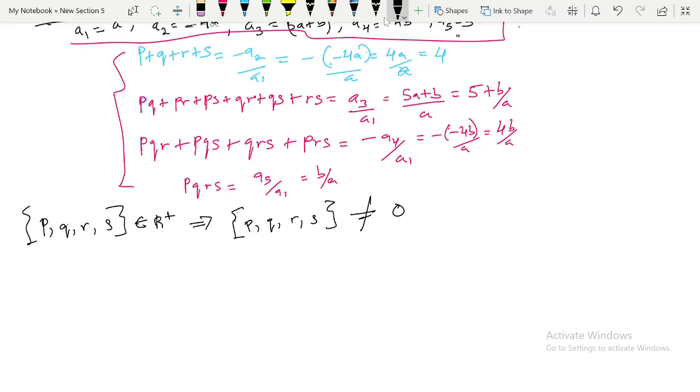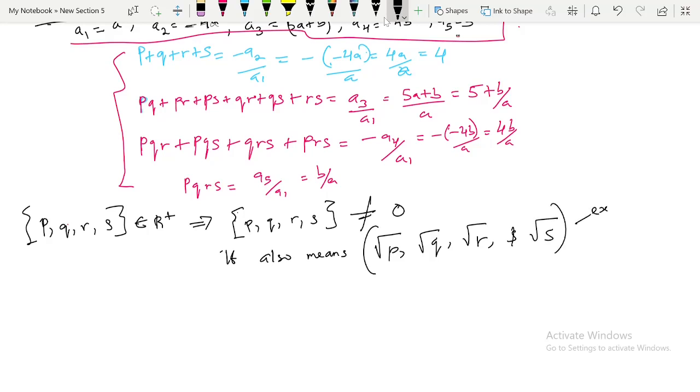And it also means that roots P, roots Q, roots R, and roots S exist. I think this part is very important. This will come in handy soon. You will see why.